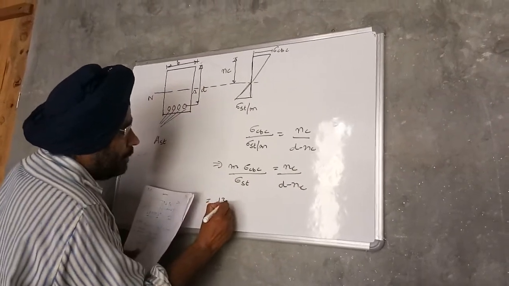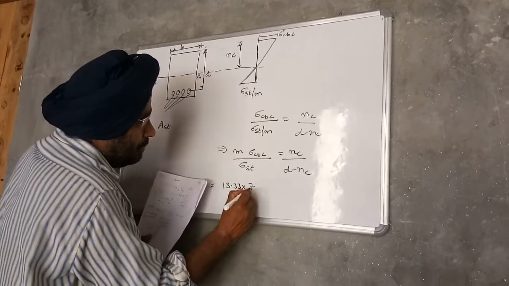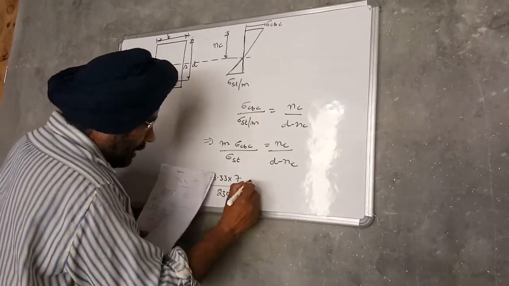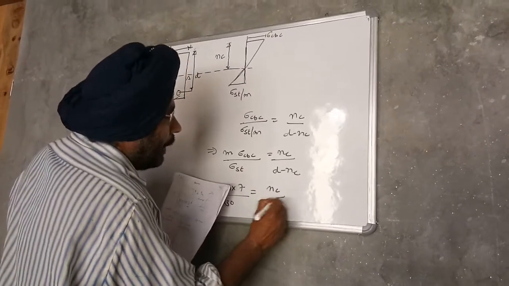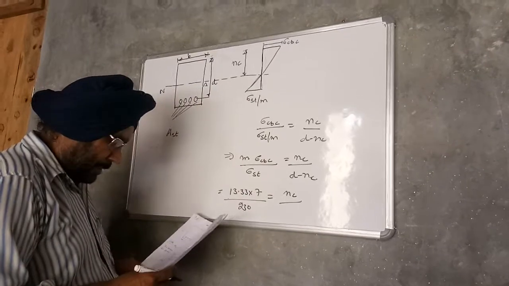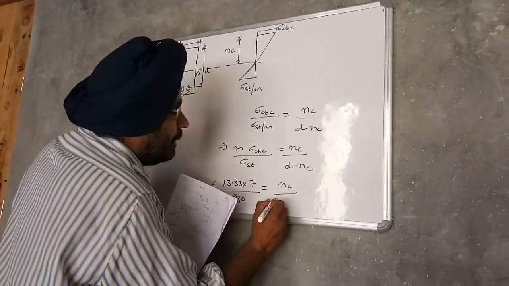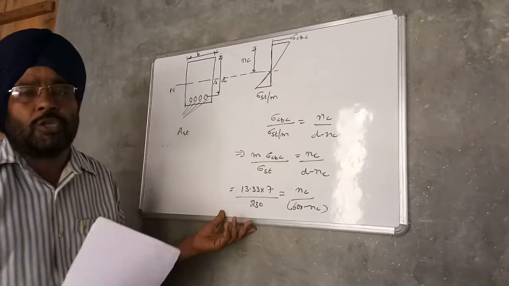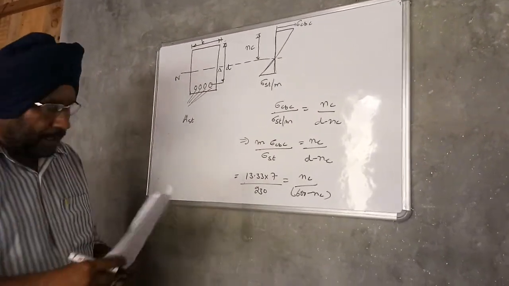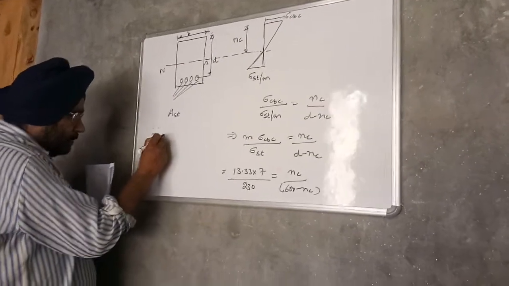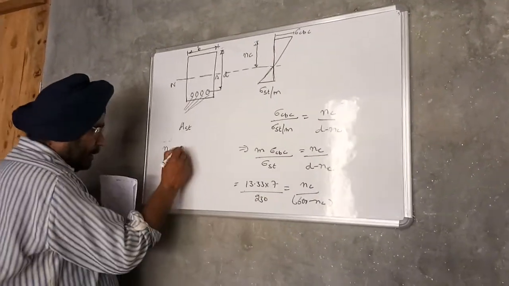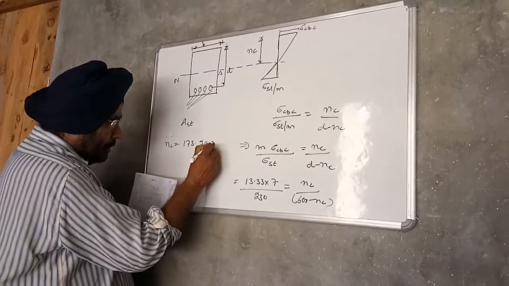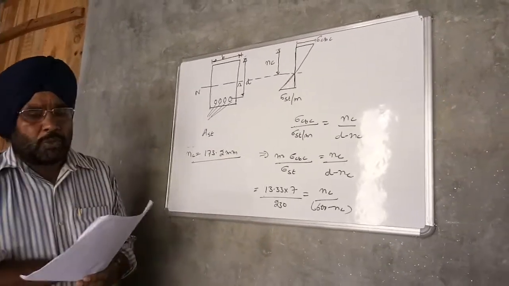So m sigma CBC upon sigma ST equals NC upon D minus NC. Putting all these values, m is 13.33, sigma CBC is 7, sigma ST is 230, and D, the effective depth, is 600. By solving this equation, NC, the depth of the critical neutral axis, comes out as 173.2 millimeter.